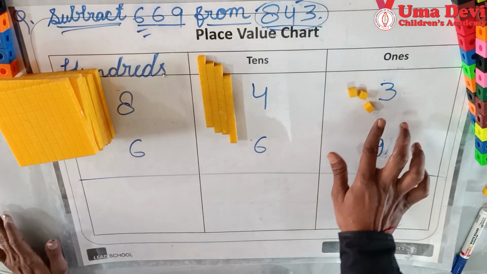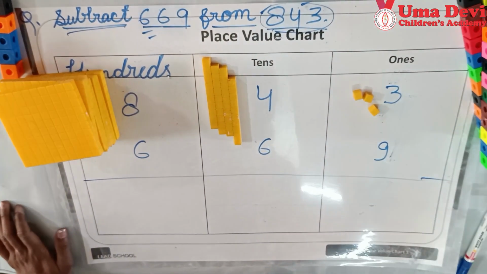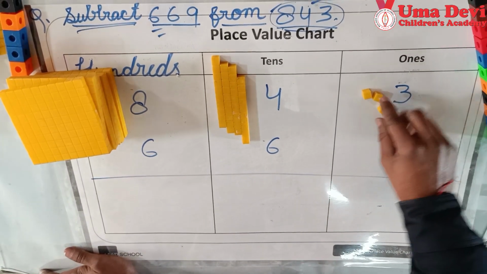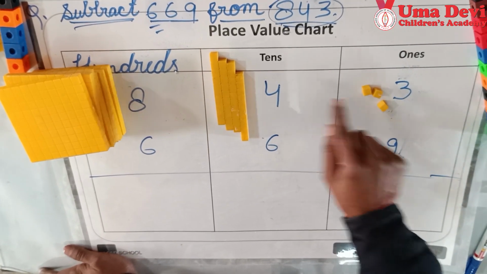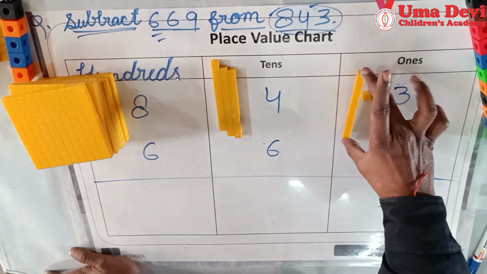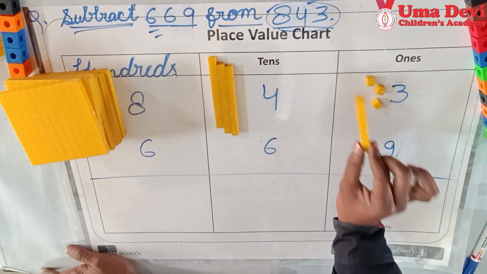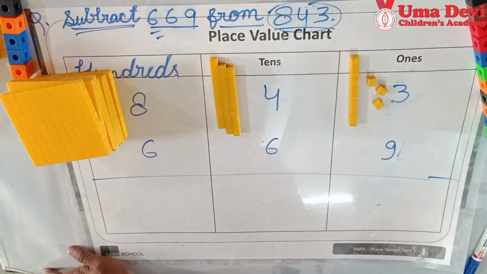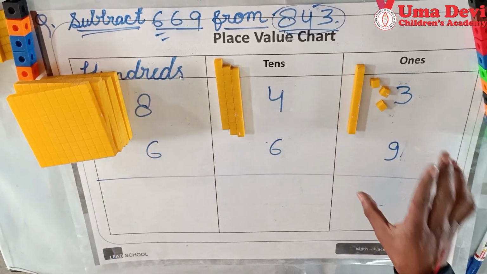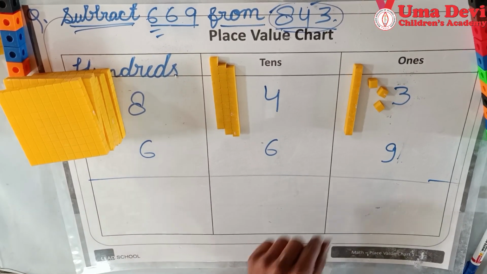So look here. There is 3, but we cannot subtract 9 from these 3. So what will you do? Here we will borrow from the tens. So the ones will borrow 1 ten from here. So how many are there? These are 3 ones and 1 ten, and 1 ten and 3 ones make 13. We can also replace this tens block with 10 ones blocks. Means 10 ones blocks will make a tens block.